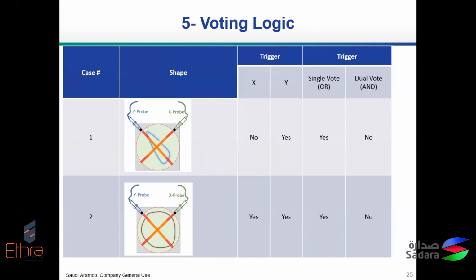They confirm with each other that it is very high vibration, which is the case in the lower row here. In this row here, in this case, both double voting and single voting are going to shut down the equipment, because both probes A and B, X and Y, they say it is very high vibration. So again, based on your condition, you need to design the configuration suitable for your plant.